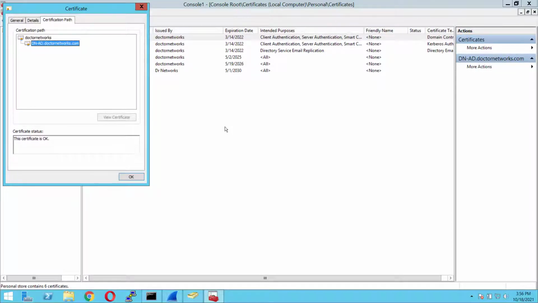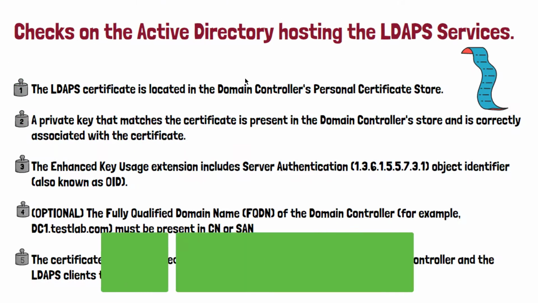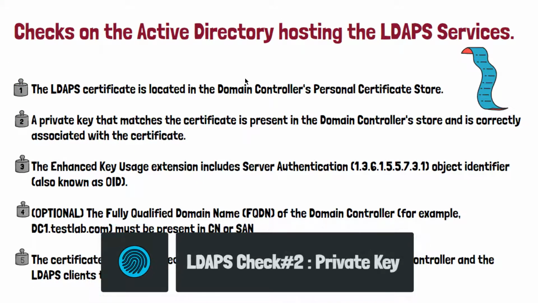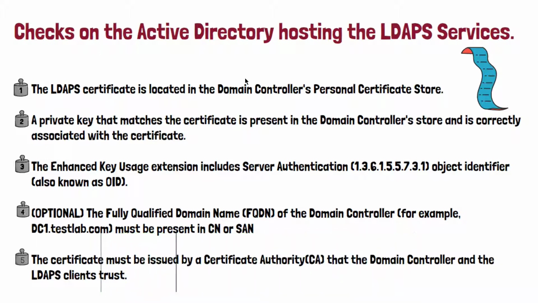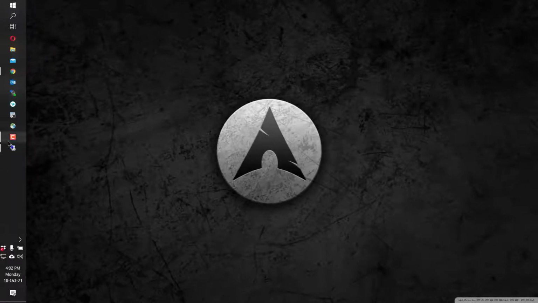And the first prerequisite is that it should be in the personal store. And here it is in the personal certificate store. Okay, now we move on to the second check, which is a private key that matches the certificate is present in the domain controller store and is correctly associated with the certificate. Now let's hop on to our domain controller.